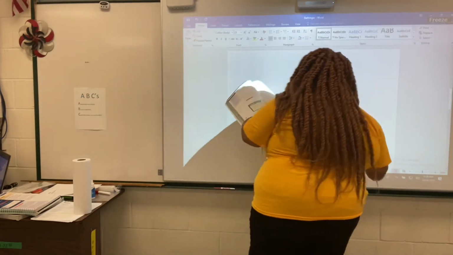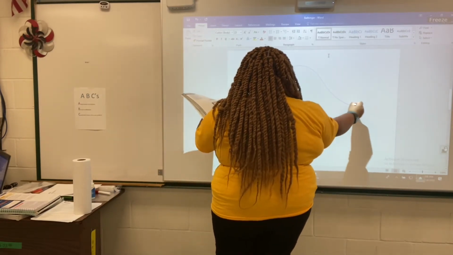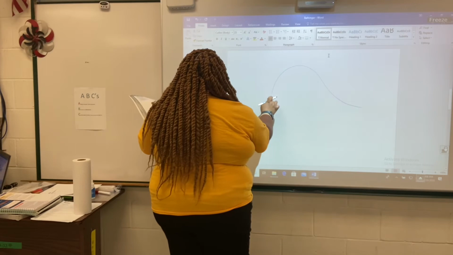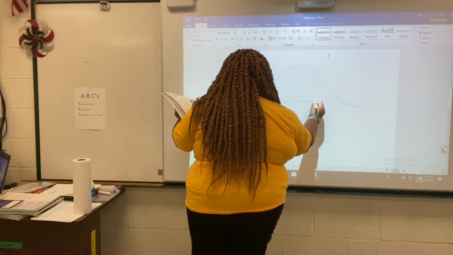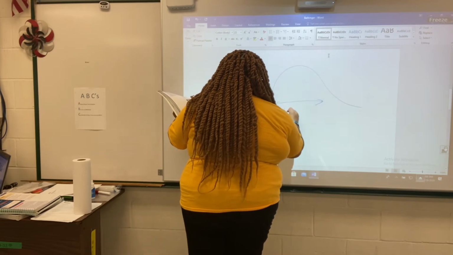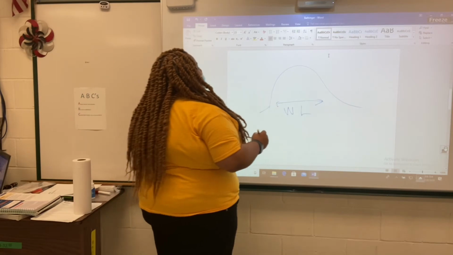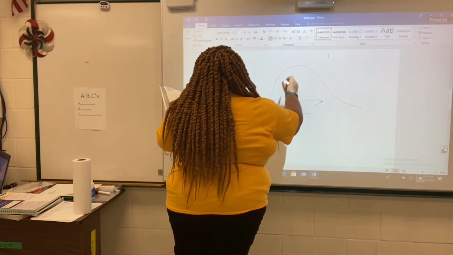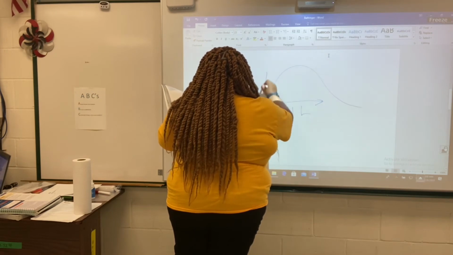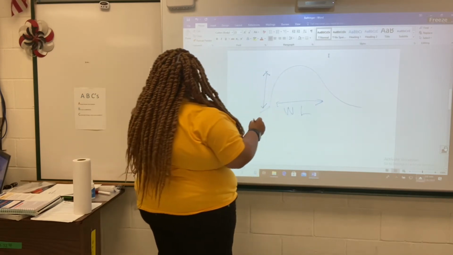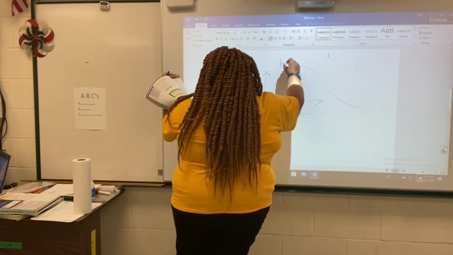So you got your wave right here, and you have one point of the wave right here and the other point over here. That's the wavelength. I'm putting WL for short. And then your amplitude is what's measured from the bottom to the top. Basically, the height of the wave.